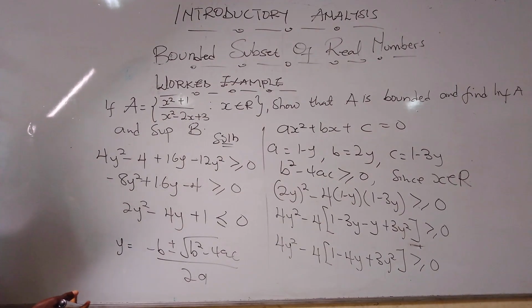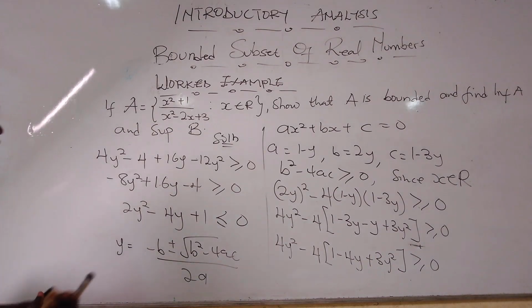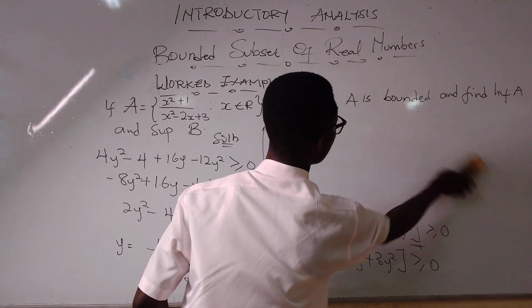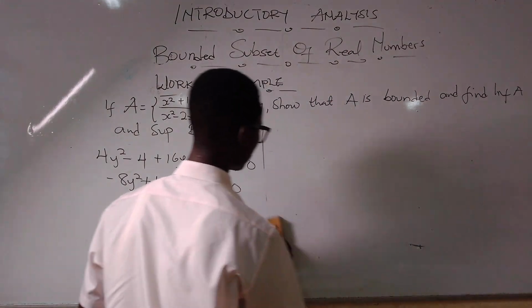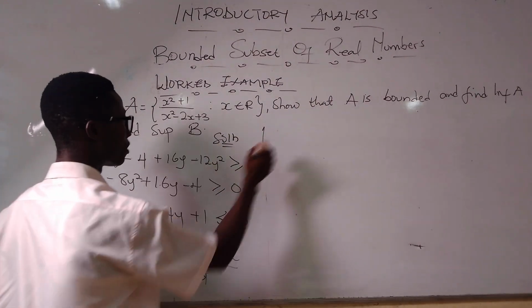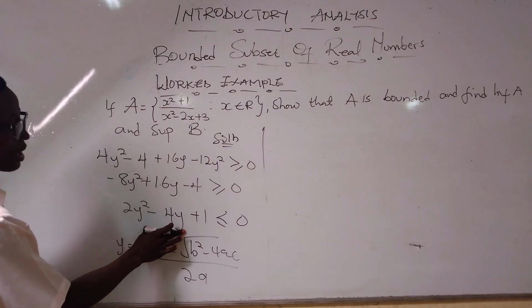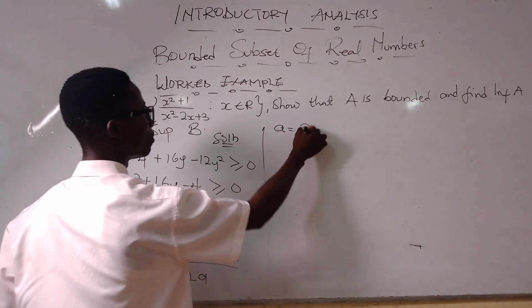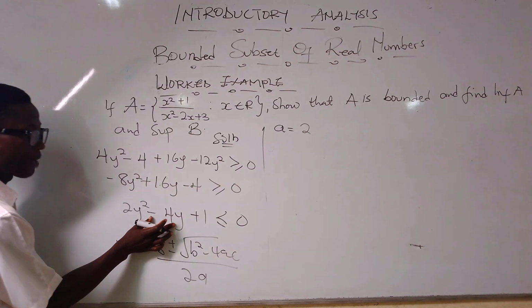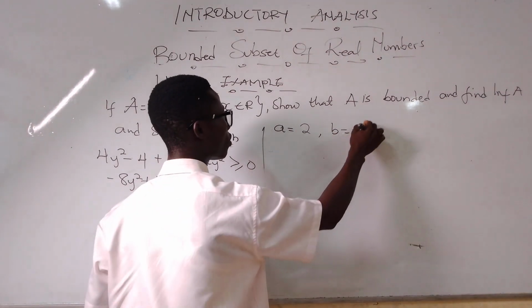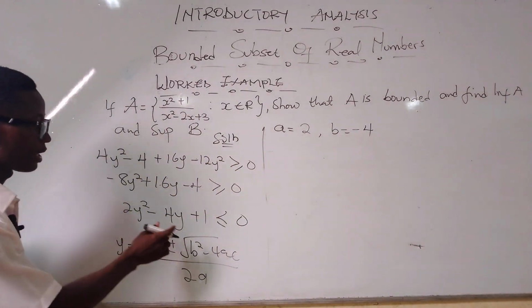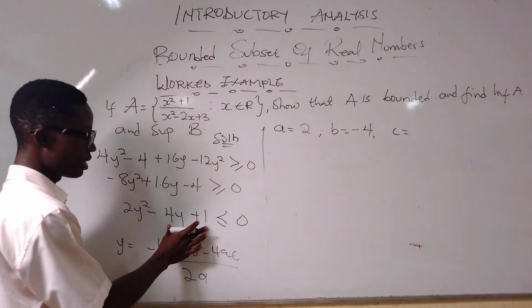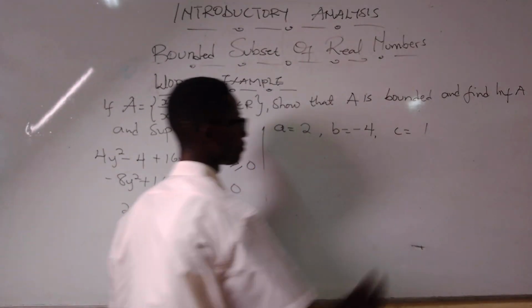So comparing this to the general quadratic equation, I'll have my a equal to 2 here, and then my b equal to negative 4, and then my c equal to 1.